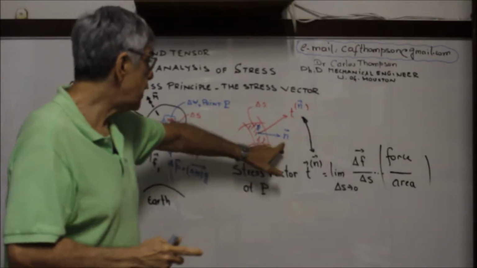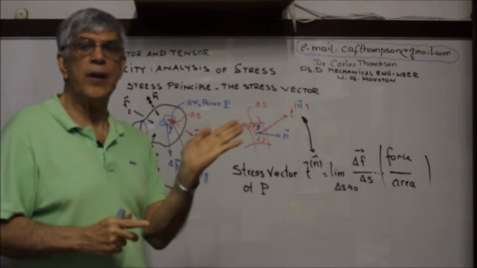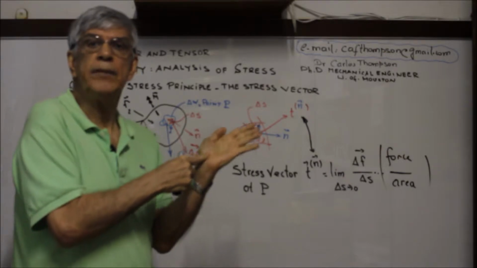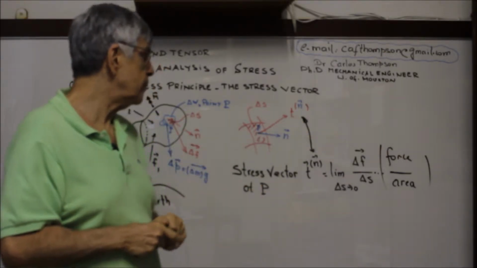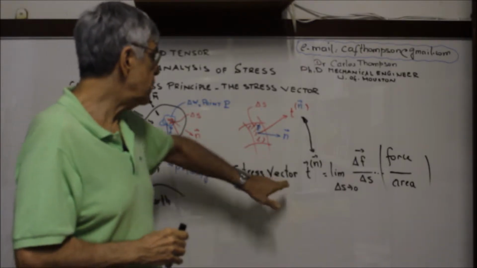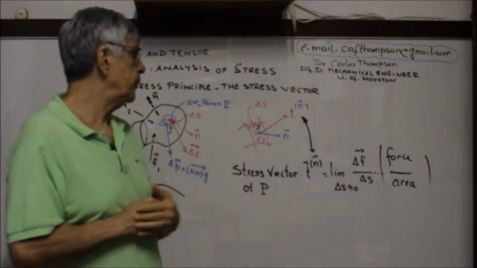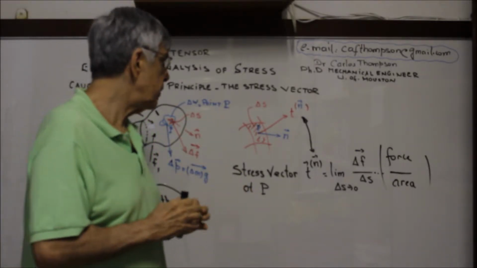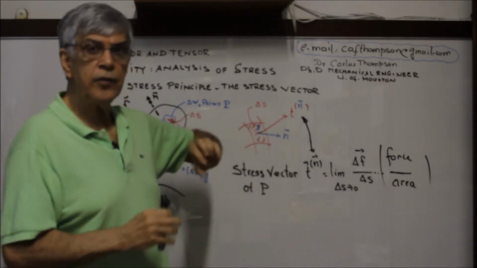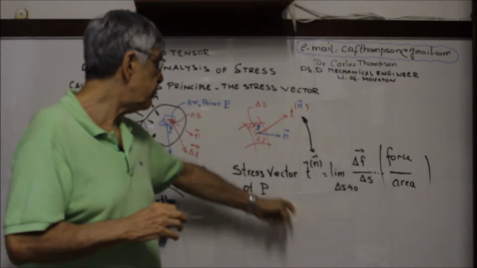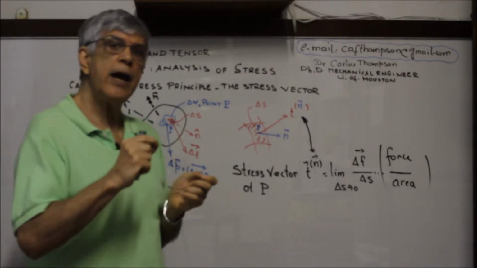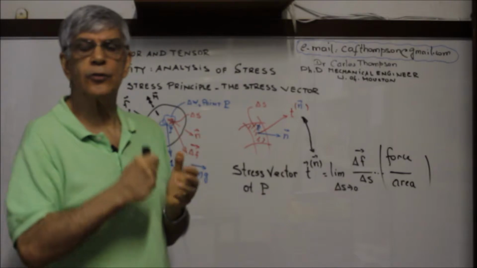You can rotate n in several ways around the point P, and you get different stress vectors. Fortunately, the stress vector at the point P can be characterized if you give only three stress vectors, on the x1, x2 plane, the x2, x3 plane, and the x1, x3 plane.